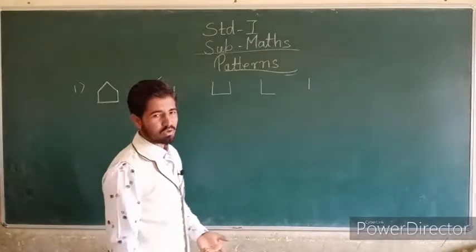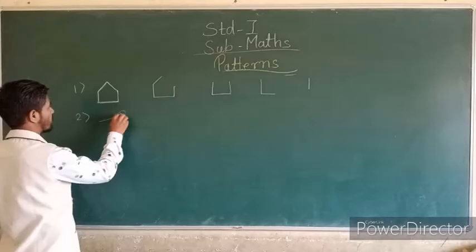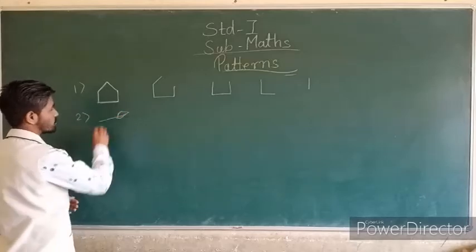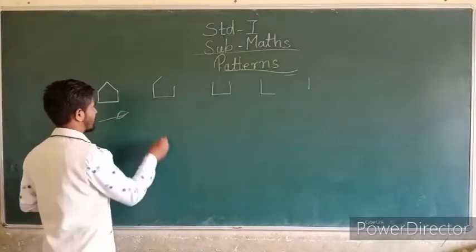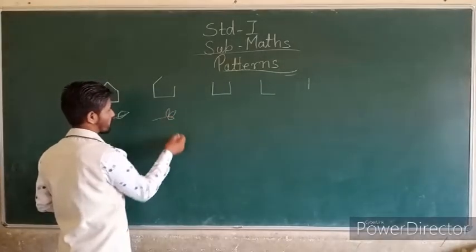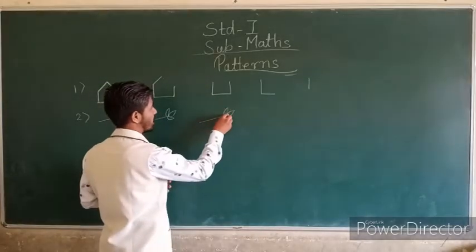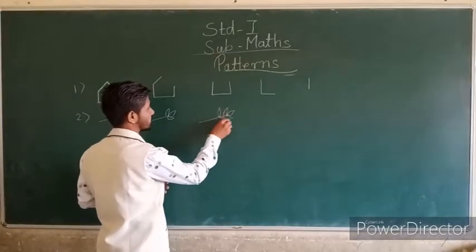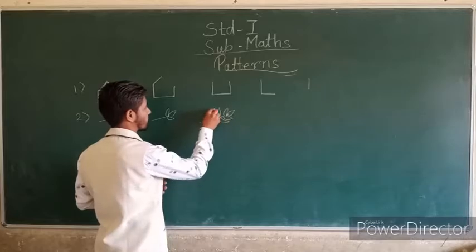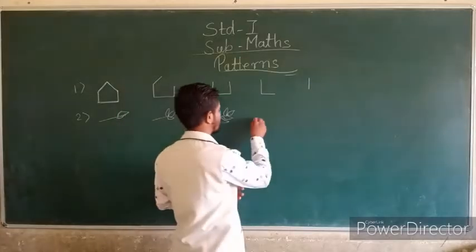Okay, so next example we see a leaf. Here is one leaf. Next, what happened? In the next there are more leaves. Okay, next what happened?